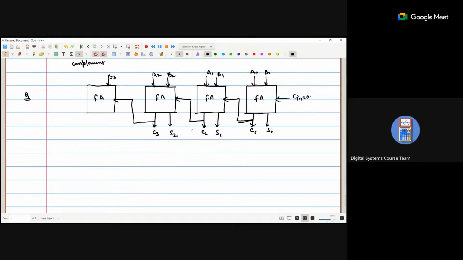B3, A3, S3, and finally C4. So we can implement a 4-bit adder using 4 full adders.